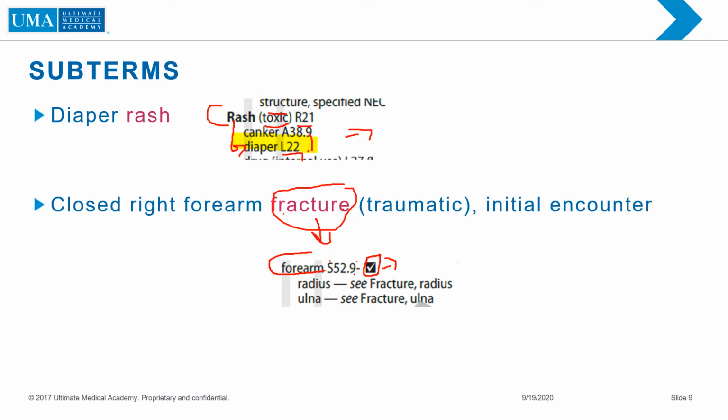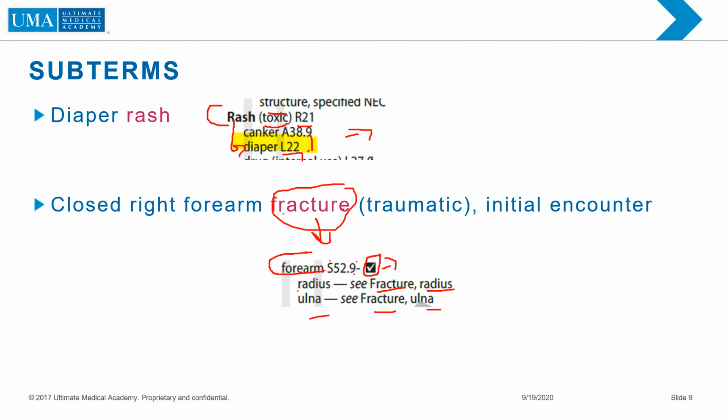Now, if the patient only had a fractured radius or ulna, those are the two bones in the forearm, then you want to look under fracture radius. The ulna, you want to look under fracture ulna.